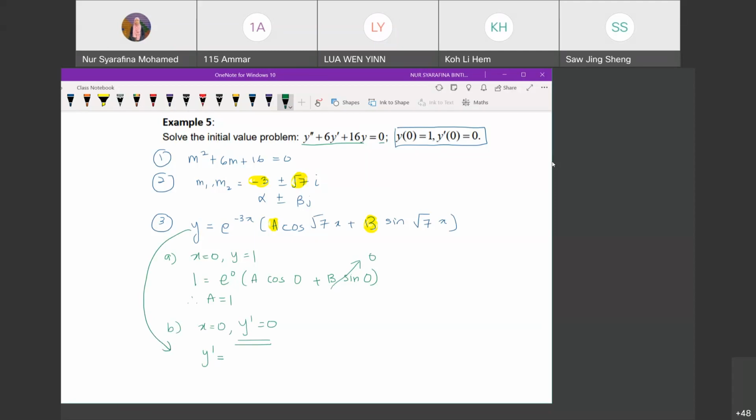You have to apply the product rule, which gives you y prime equals e to the power of minus 3x, minus 7. Okay, you check my answer here.